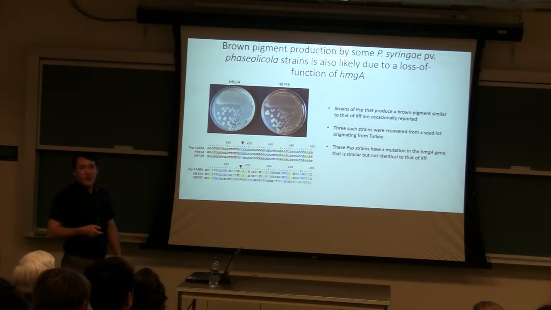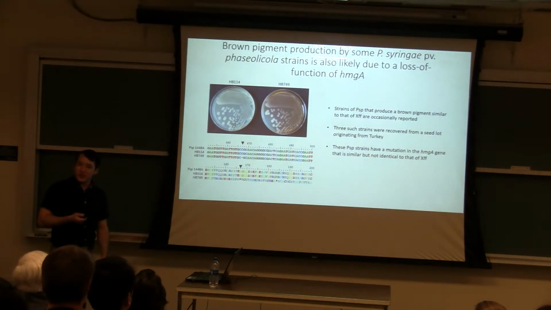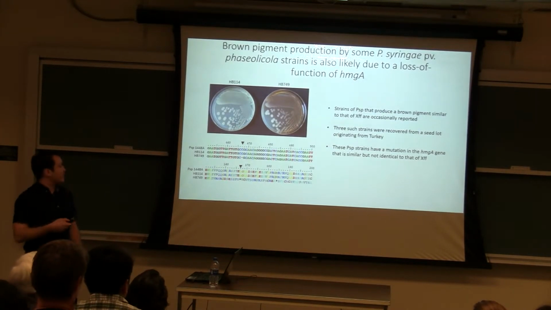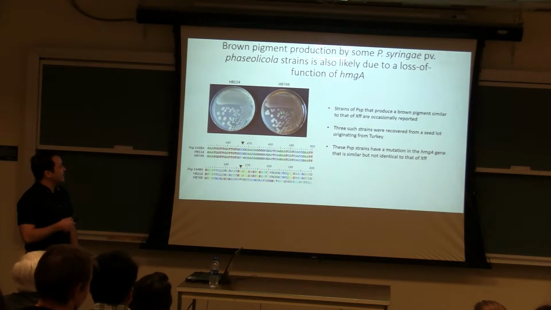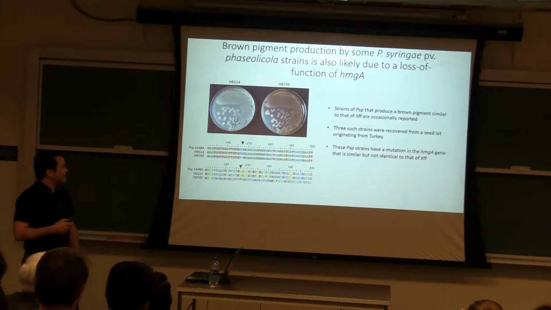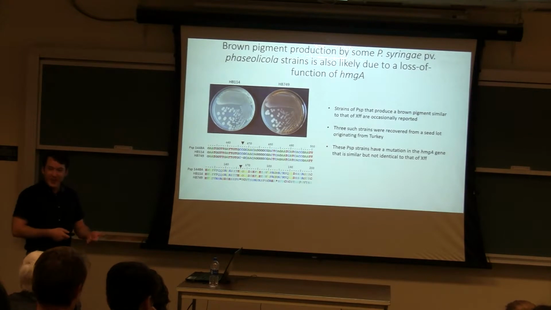Okay, so remember I mentioned earlier that I had a bunch of halo blight strains from Turkey, right? One of the three of those strains makes this suspicious-looking brown pigment in culture, right? It starts to look a bit like a Fuscans strain, and I think you came in and looked and said, oh, we have Fuscans, and I said, no, look again.